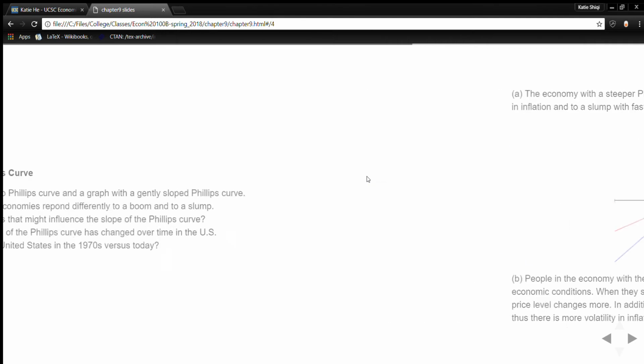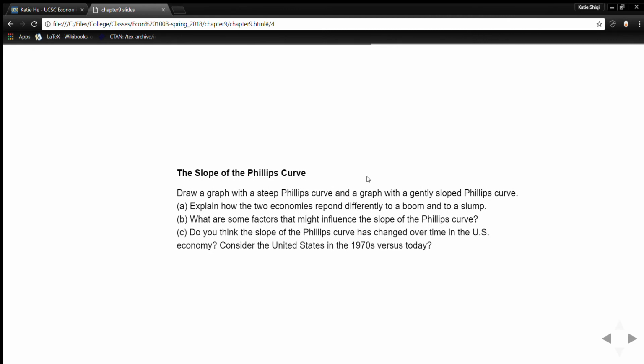And part C is asking you, do you think the slope of the Phillips curve has changed over time? This is a personal preference sort of question. You can try plotting the change in inflation and GDP over time.